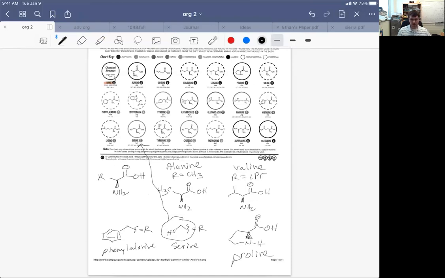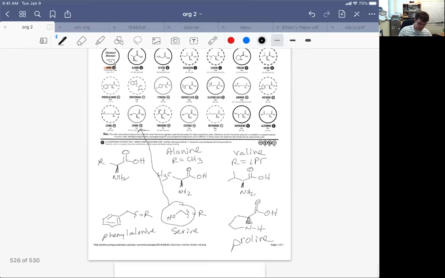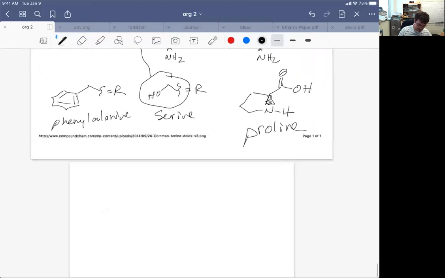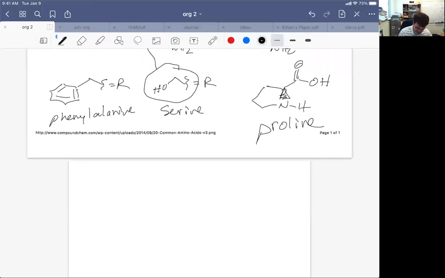And now we can stitch these together to make polymers of a polyamide that are derived from these amino acids. So polypeptides have the general repeat unit where we've got a carbonyl at one end, and then we've got our nitrogen at the other end.